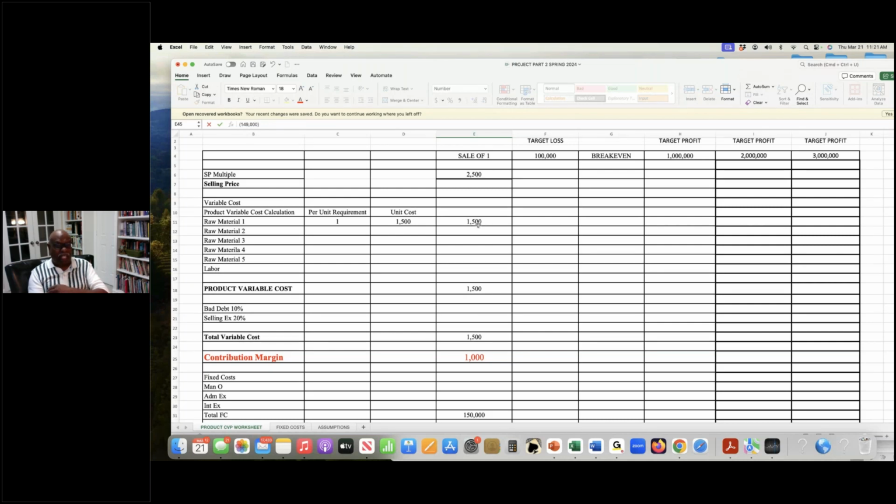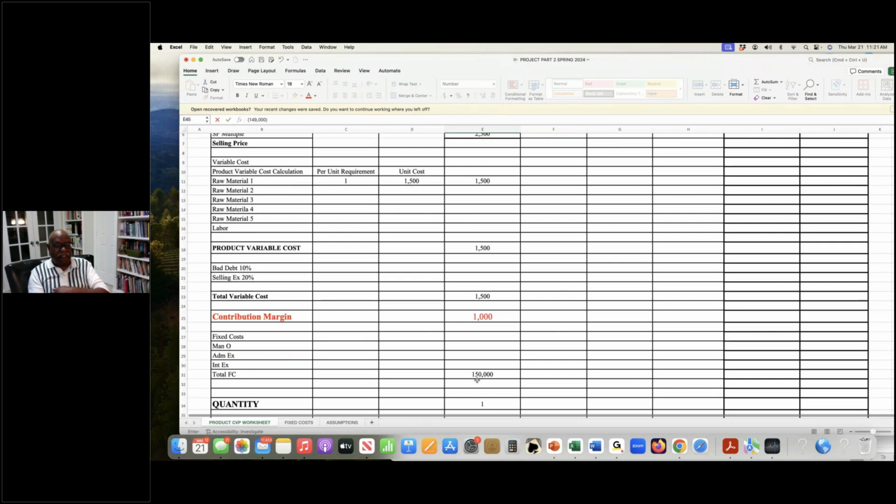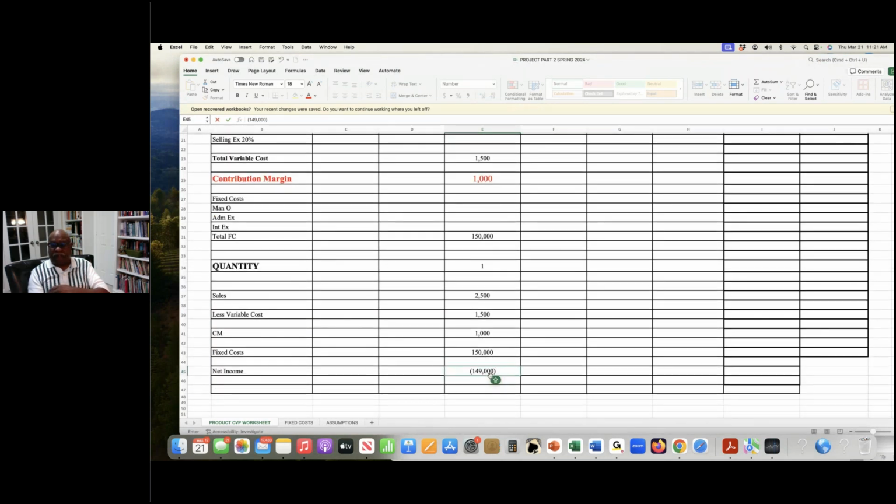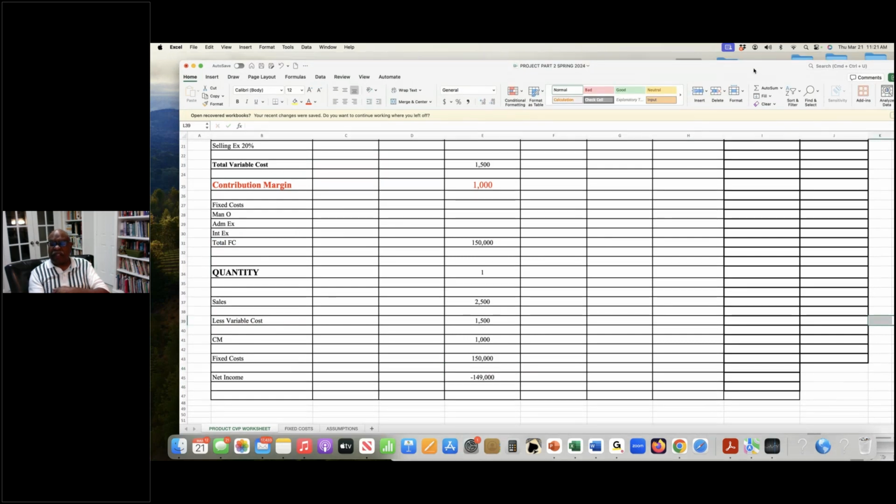That cost us 1,500, and so our contribution margin, that is the profit we make every time we sell one, is $1,000. Is that clear? Yes. And if our fixed cost was 150,000, then we'd have a loss of 149,000. Is that clear?